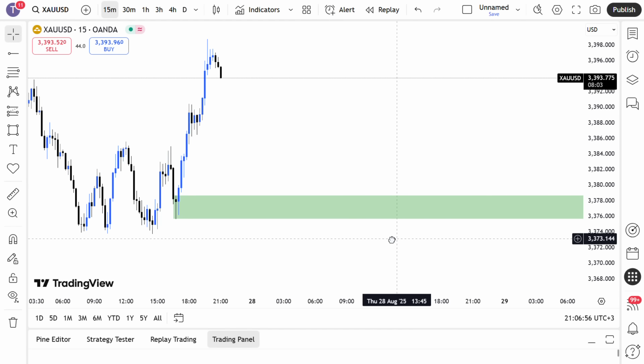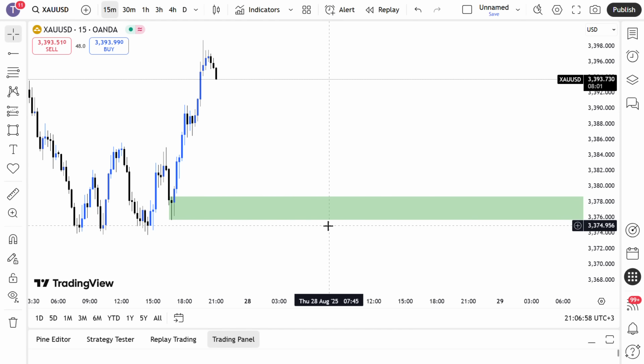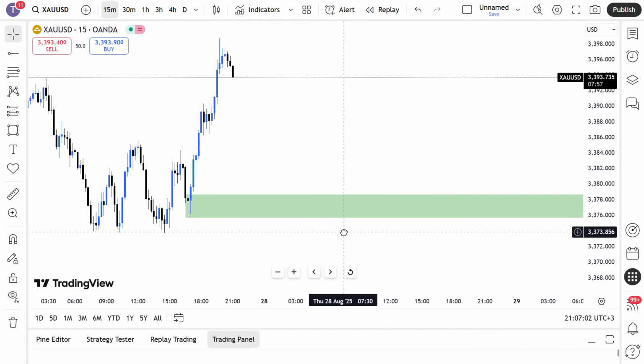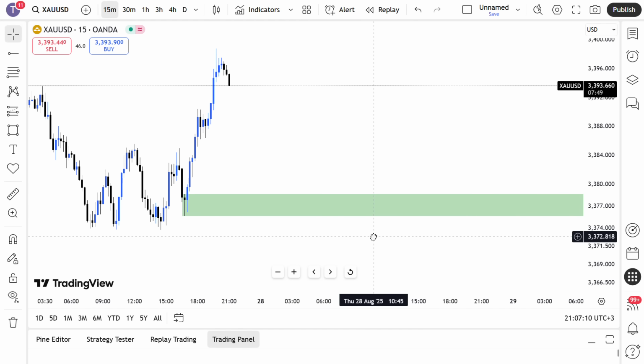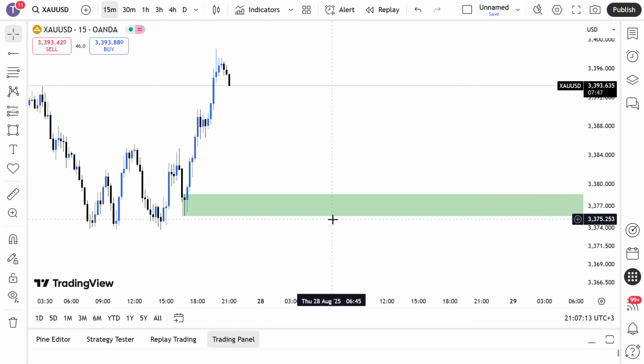So in case you mark an order block that has not qualified, let's say maybe the order block does not have all the confluences that you need to enter a trade, you should always wait for a confirmation.